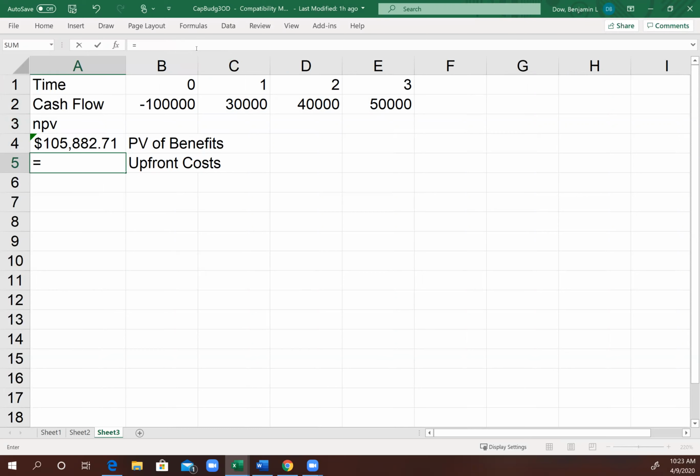The upfront cost was just 100,000. And if you want to find the net present value or net benefits, just add the two together.